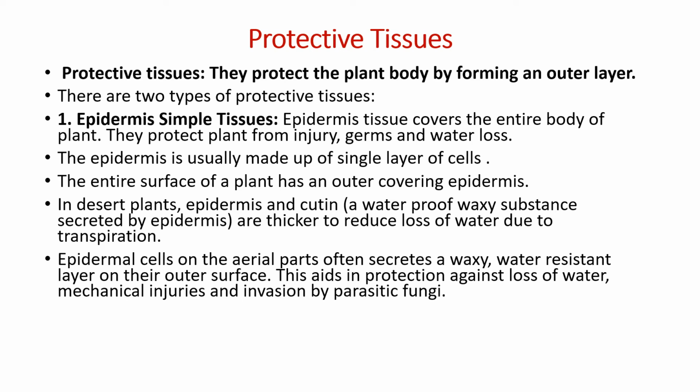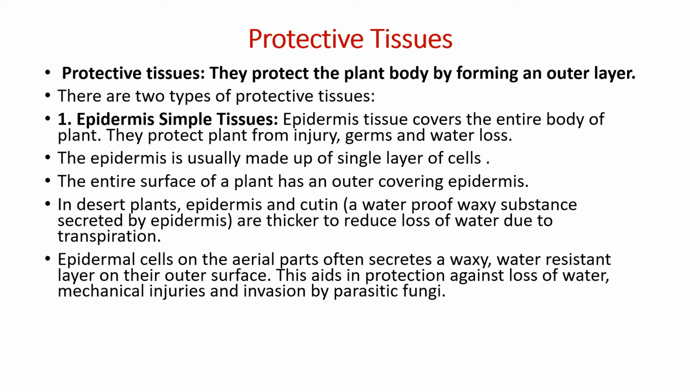Epidermis, simple tissue. Epidermis covers the entire body of plant. Why do we need to have this type of tissue which covers the entire body of plant? You can think about skin cells on your body. They also protect you from germs, isn't it? They protect you from germs, they protect you from any internal injury, right?